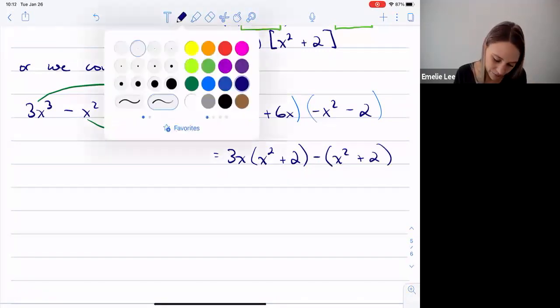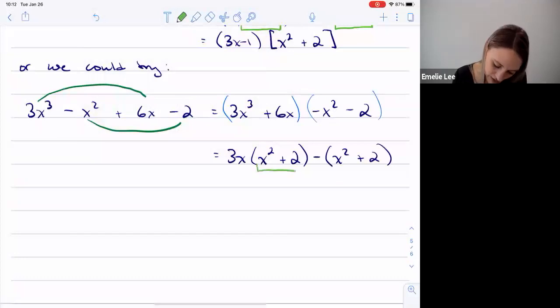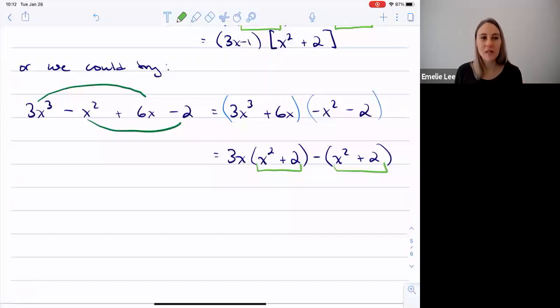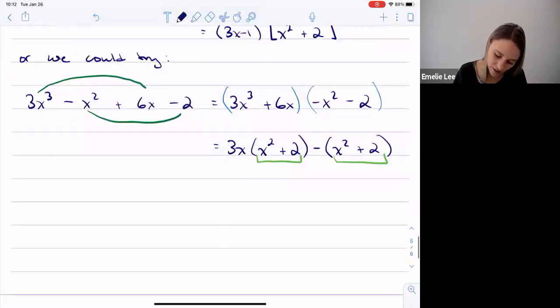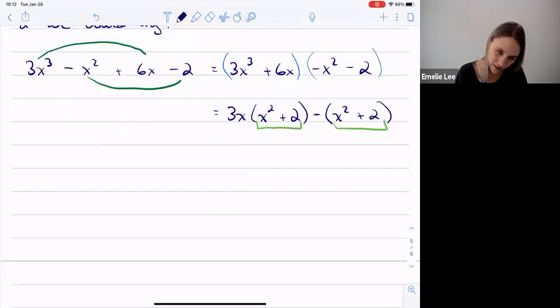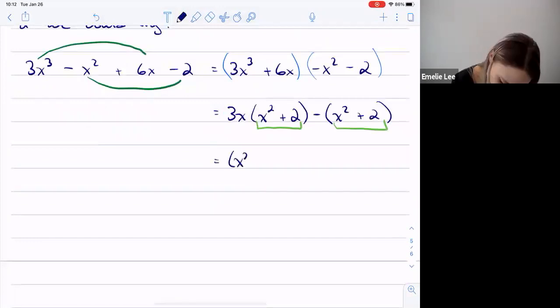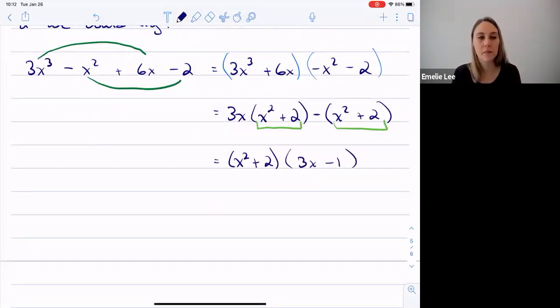Now notice, again, we've got this common multiple of x squared plus 2. So again, I'm going to airlift that outside and say x squared plus 2 times 3x minus 1.